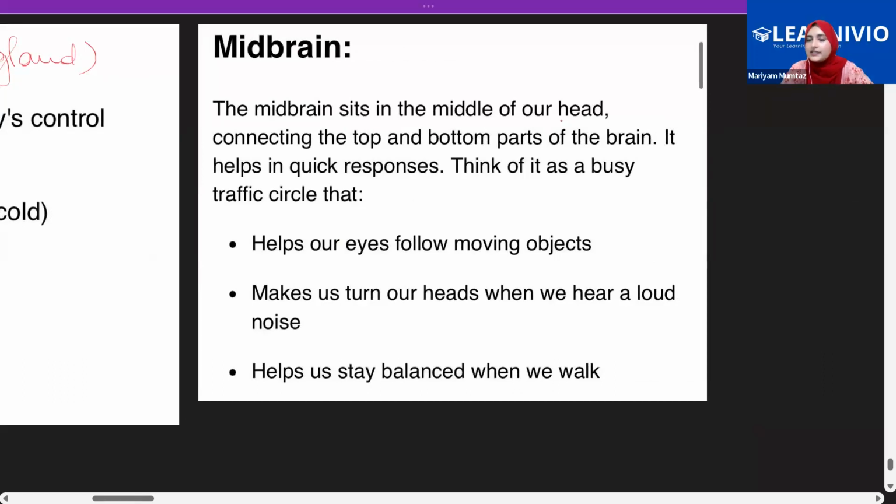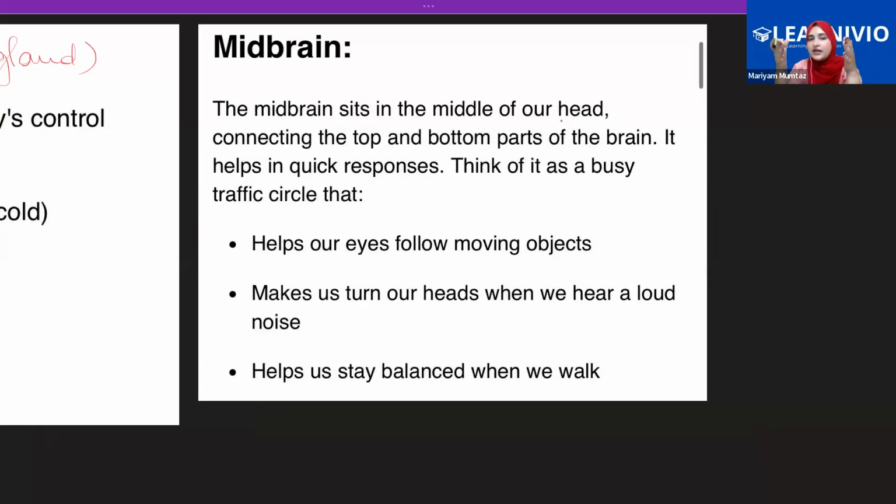The midbrain, as the name suggests, is found in the middle of the head, connecting the top and bottom parts of the brain together. Top and bottom means the forebrain and the hindbrain. Now the midbrain is particularly responsible for the quick responses that we produce. It helps our eyes follow moving objects.